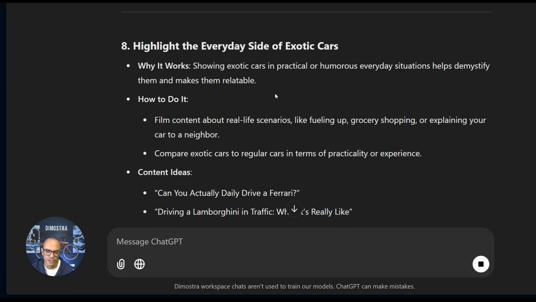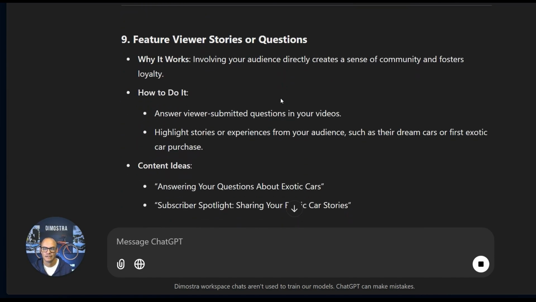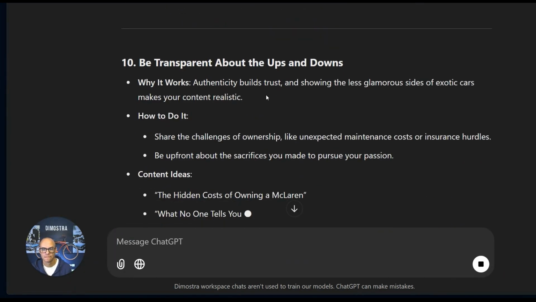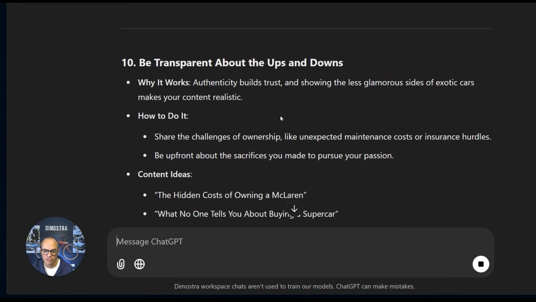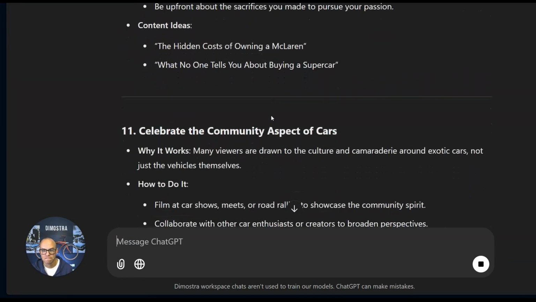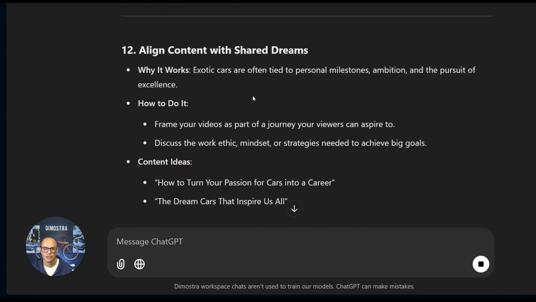Highlight the everyday side of exotic cars. Feature viewer stories or questions. Be transparent about the ups and downs. Celebrate the community aspect of cars. Align content with shared dreams.